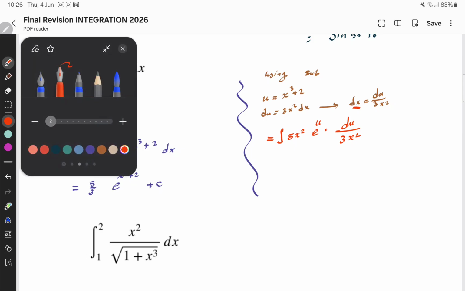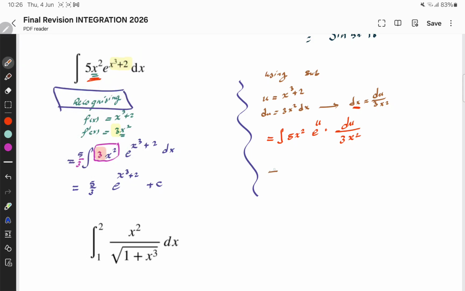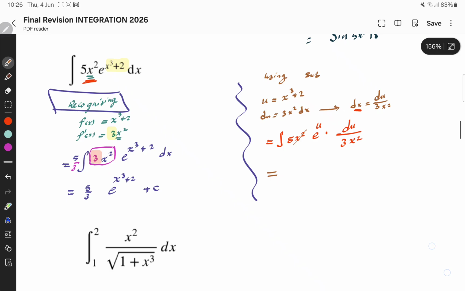So the x squared here cancels with the x squared. Take 5 over 3 outside, it's a constant, times the integral of e to the power u with respect to du. It changes to the standard rule, so it will be 5 over 3 times e to the power u, plus c.